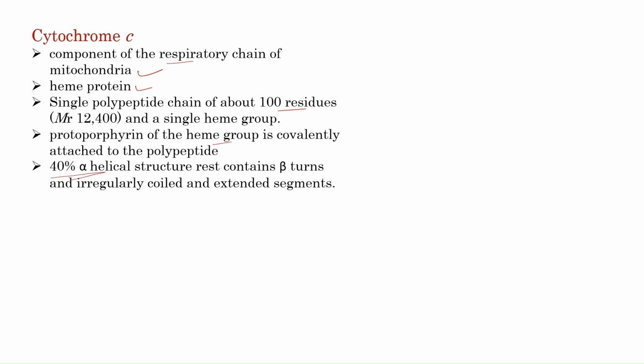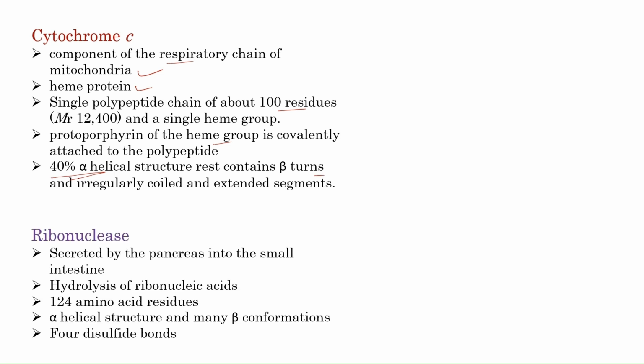Here 40% of the structure is in alpha helical form and the rest are beta turns. Similar is ribonuclease, which is secreted by the pancreas into the small intestine and helps to break down and hydrolyze ribonucleic acid. It consists of 124 amino acid residues having a combination of alpha helical and beta conformations, and it consists of 4 disulfide bonds.